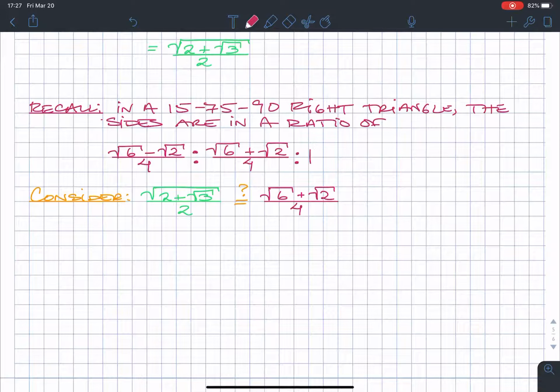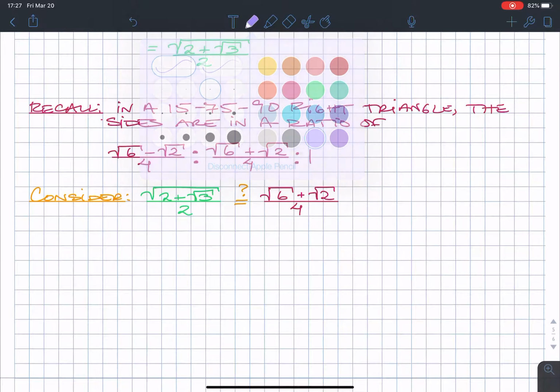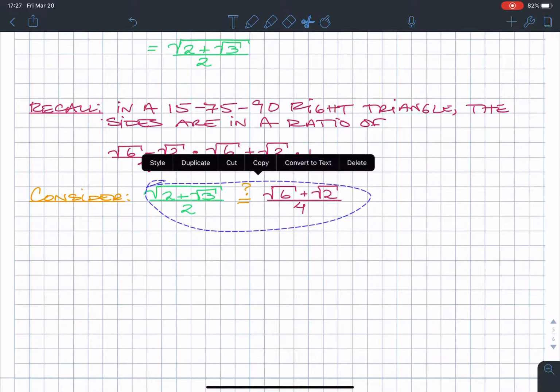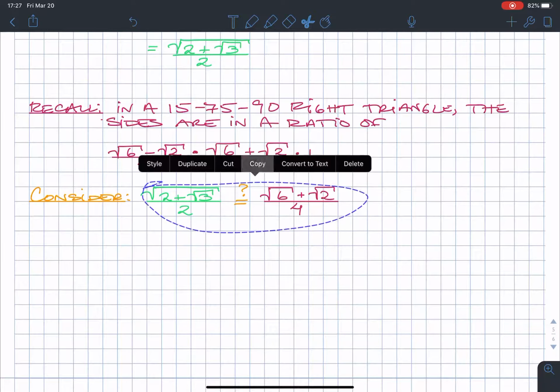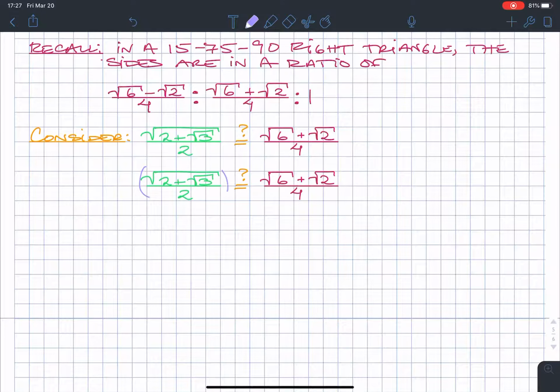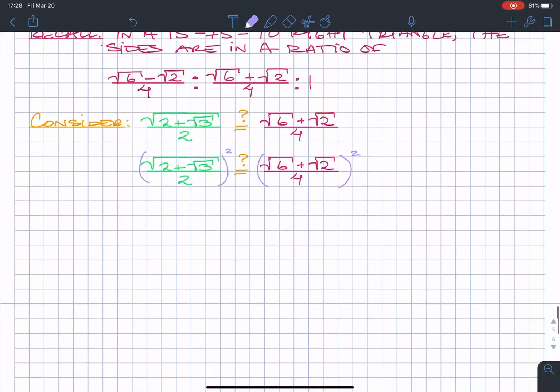Well, what I'm going to do is try and get rid of that external square root. Actually, let me copy and paste and then do that. I'm going to square both sides first of all, so I don't have a square root inside a square root. So on the left-hand side, what I get is 2 plus the square root of 3 all over 4, because I'm squaring both the top and the bottom.